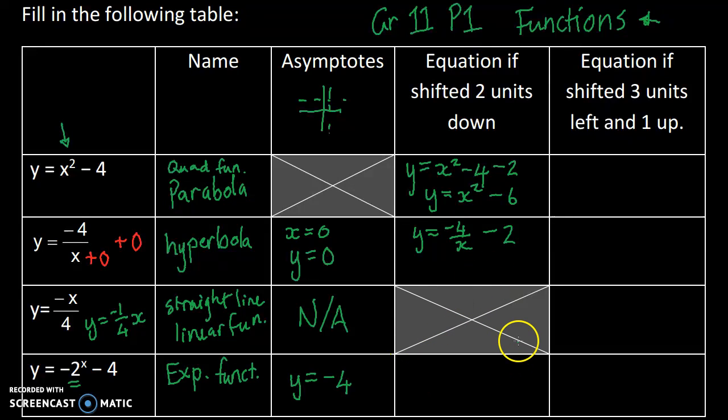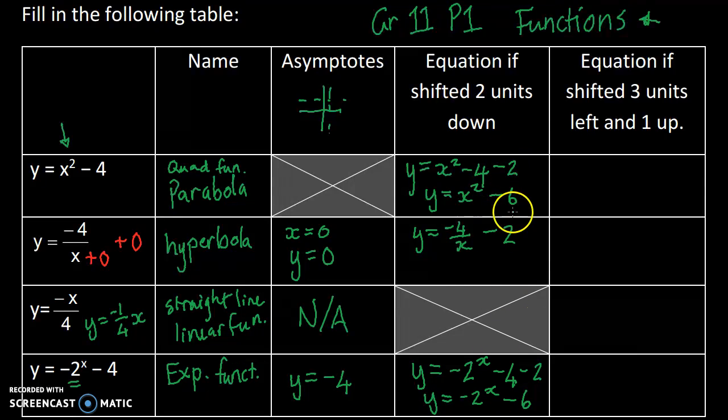We don't need to do it for the straight line. They don't want it. But we do need to do it for the next one. And once again, if we're moving down, we've just got to subtract it from what's already there. So -4, because that's what we're told, and now we're moving it down 2. So it becomes y is equals to -2x minus 6.